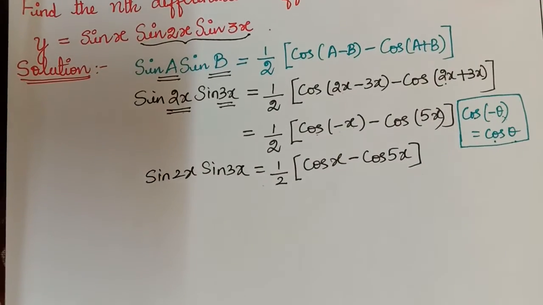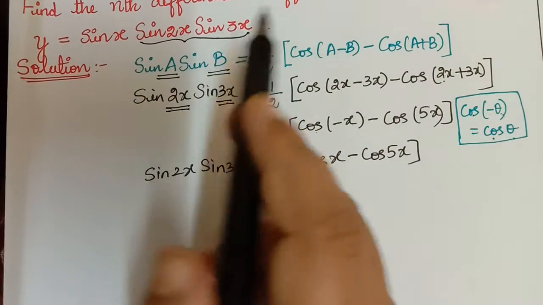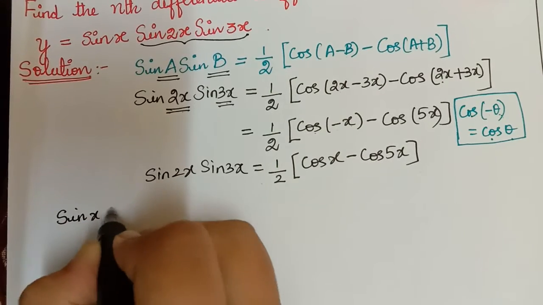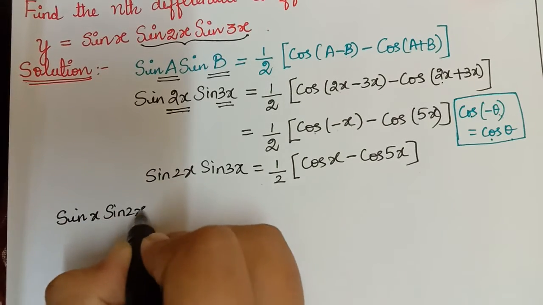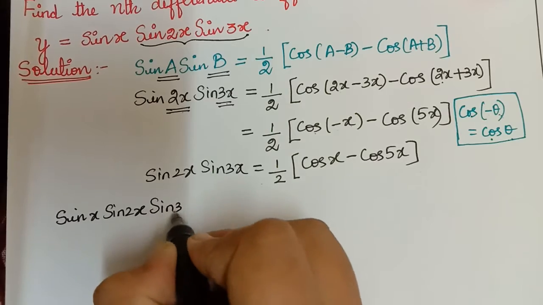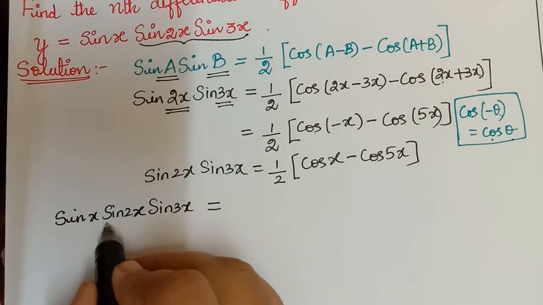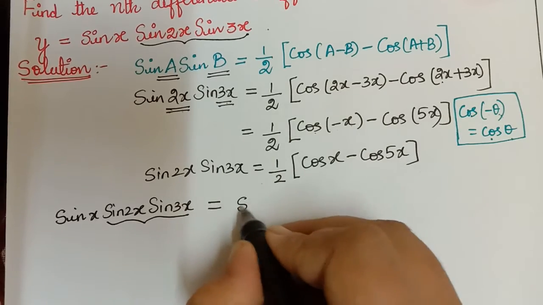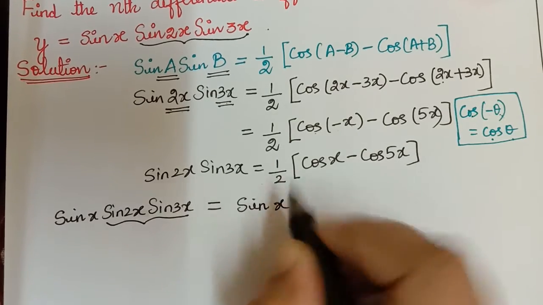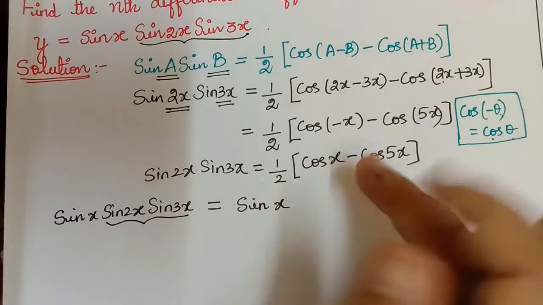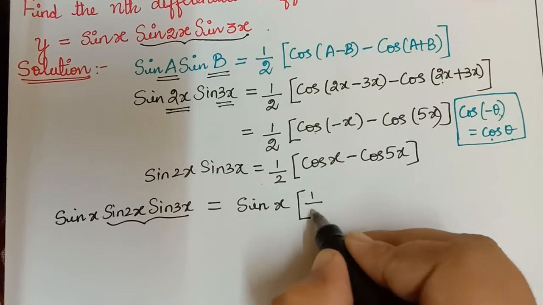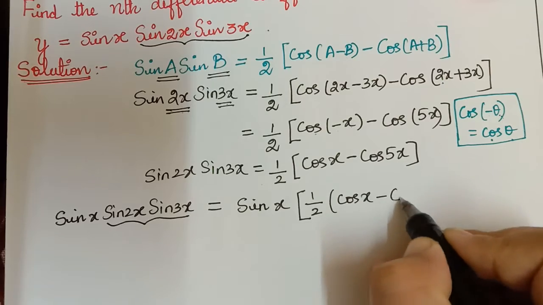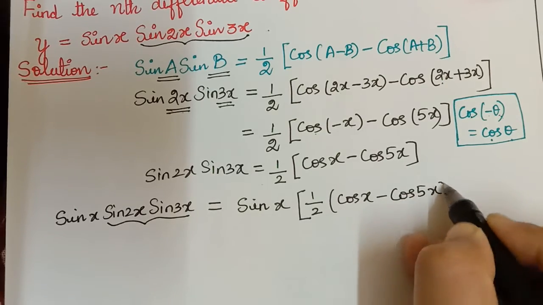Now we can substitute that, so sin x sin 2x sin 3x will be equal to sin x multiplied with 1 by 2 of cos x minus cos 5x.